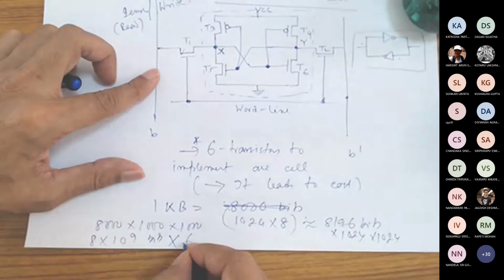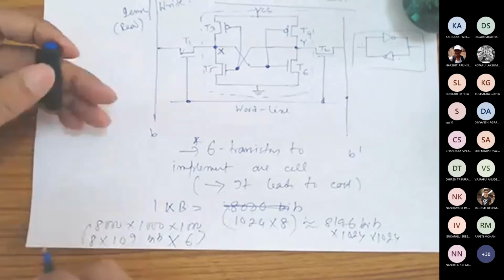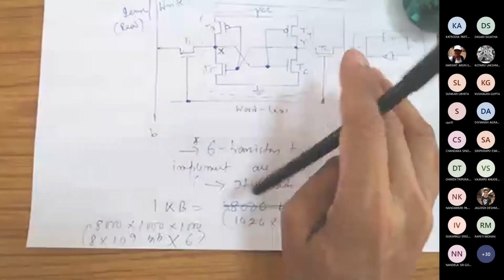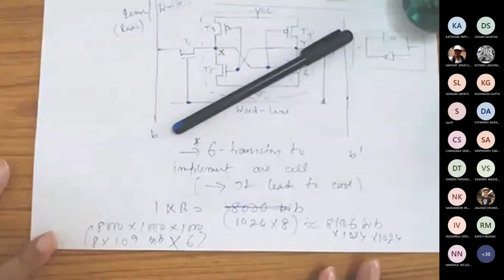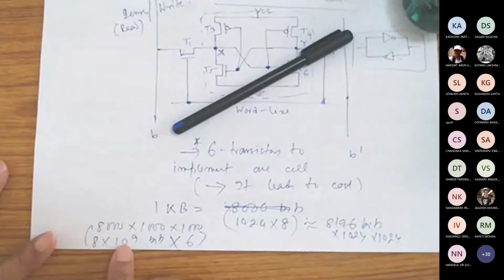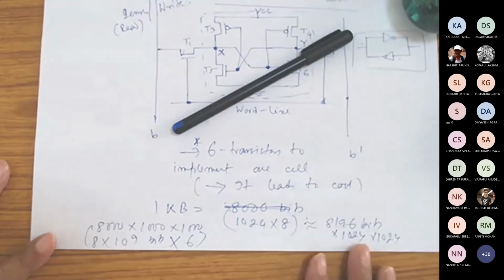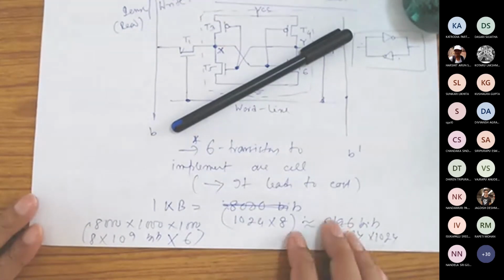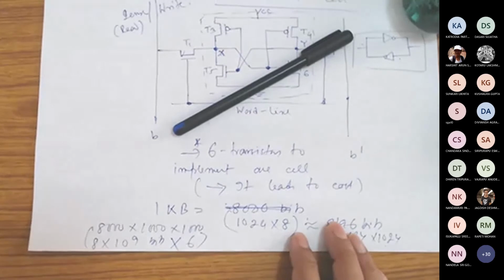Now into 6. It's a huge number of transistor requirement. This is 100 crores or something like that, probably 800 crore or something like that. So 8 billion transistors. You can't afford it.